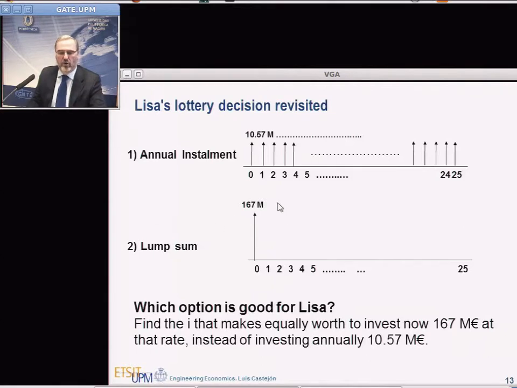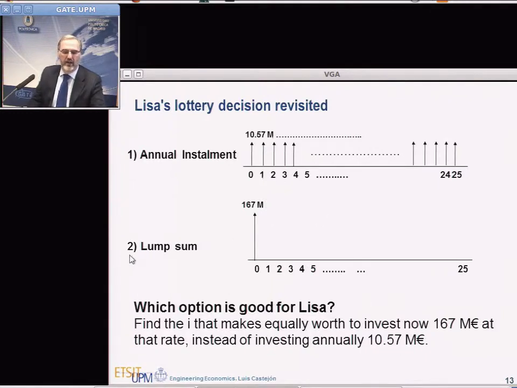To compare both, we have to find the interest rate that makes both investments equal in present time. So we are going to move all the cash flows in one of the investments to a present value, and then compare or find which interest rate makes them equal.